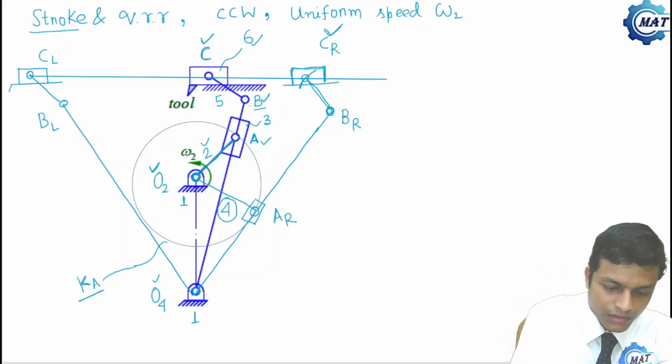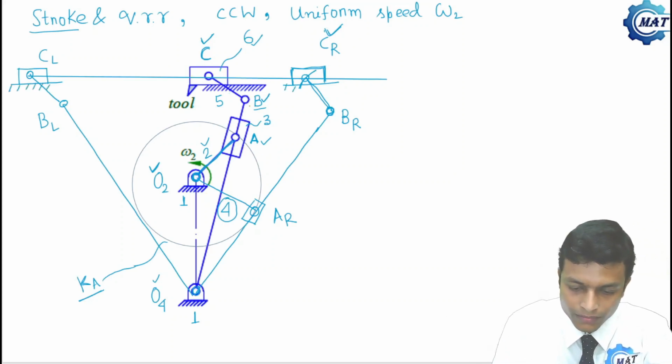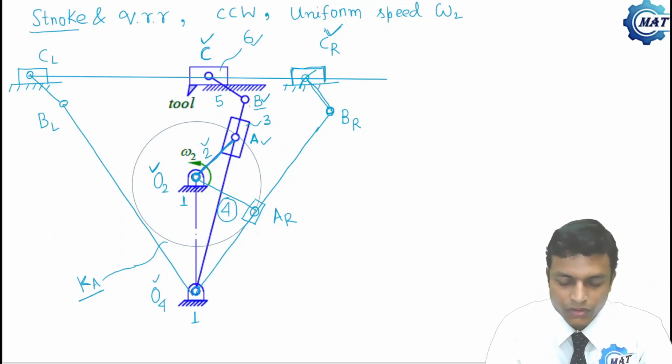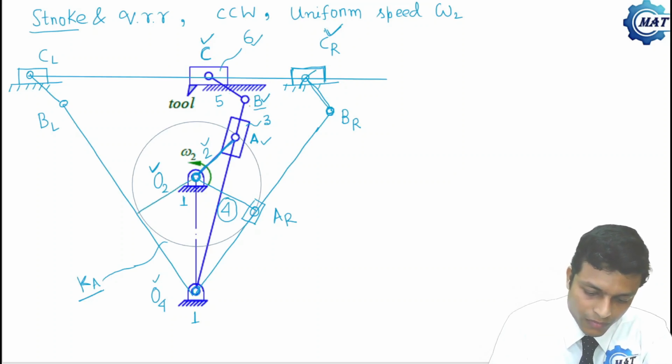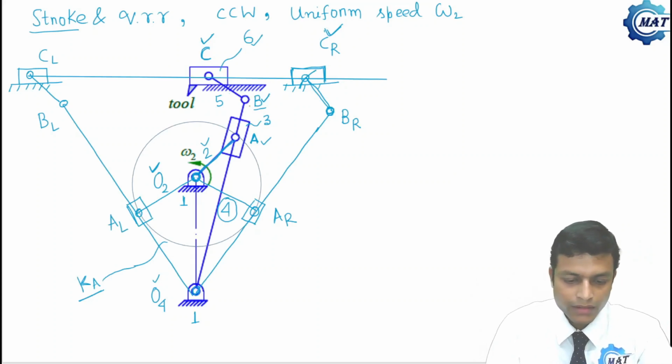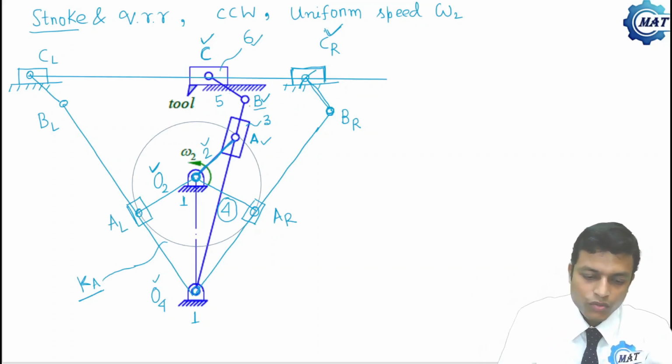So this is CL. And this point denotes AL. So these are two extreme positions of point C.